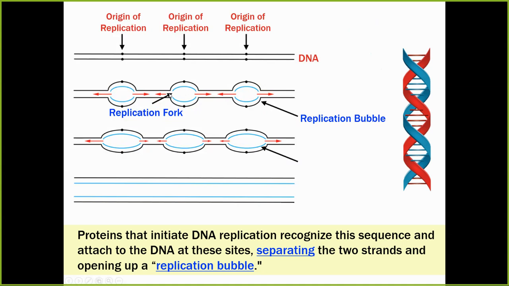So again, the replication fork is here, here, here, here. Each replication bubble has two replication forks. The purpose here is that we are unwinding and getting the new nucleotides to form. The blue in my picture is representing the new DNA.